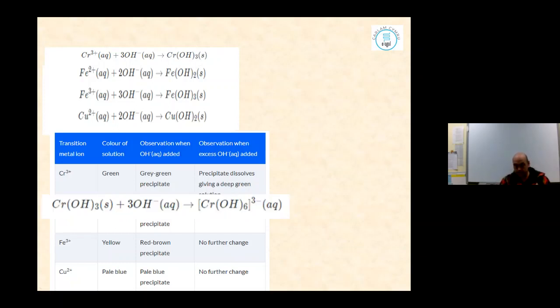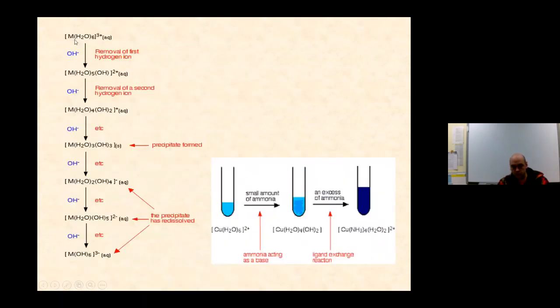So I've just added that there. Once you've formed your precipitate, which is this one here, the Cr(OH)3 solid, I can remove subsequent H pluses from it, and I end up with this species. If I go back and look at this slide, with chromium you can get all the way down to here, so you can form this species.